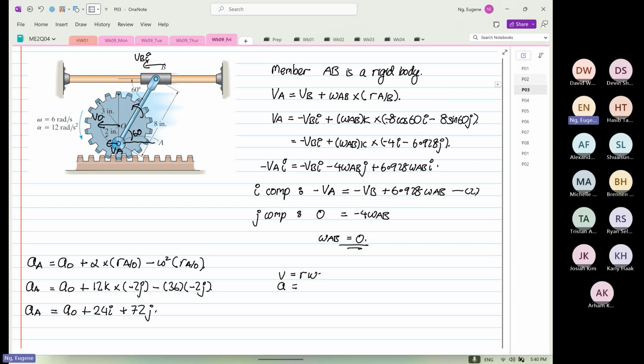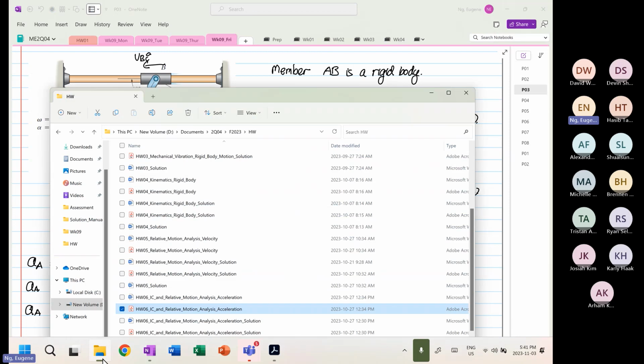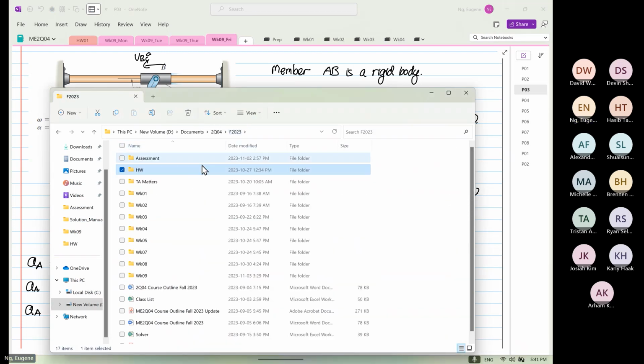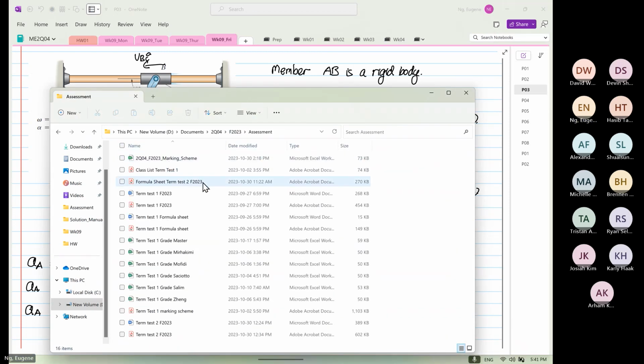Is there a formula sheet? Let me look at the formula sheet. So acceleration, is it equal to alpha R? Let me check. So if we were to look at our formula sheet, is it given?